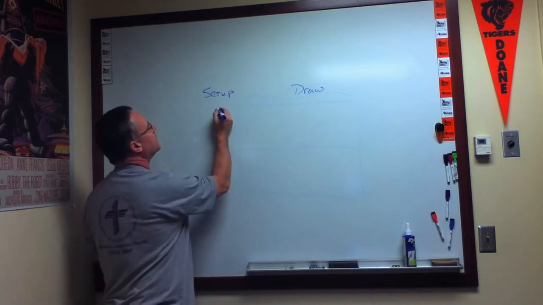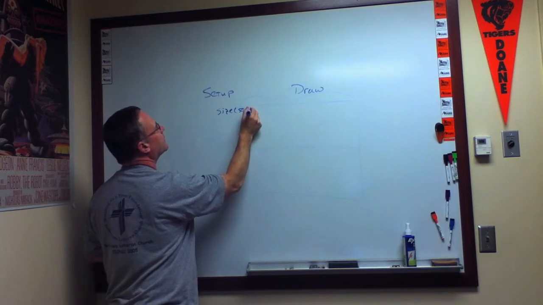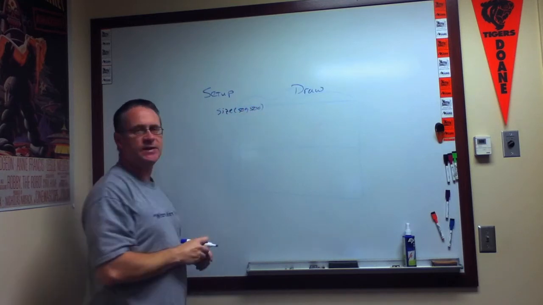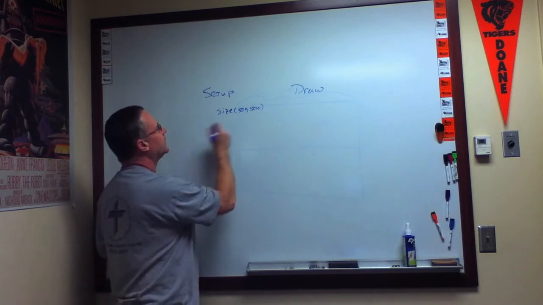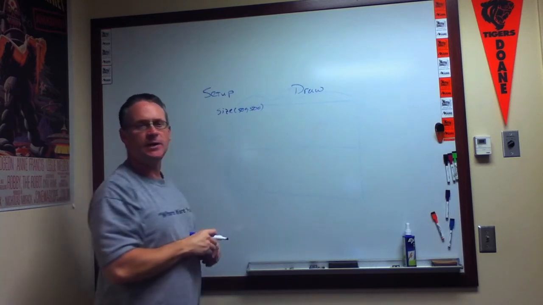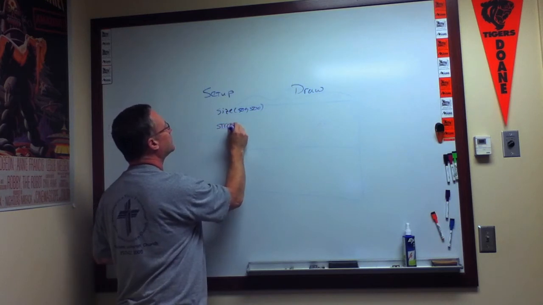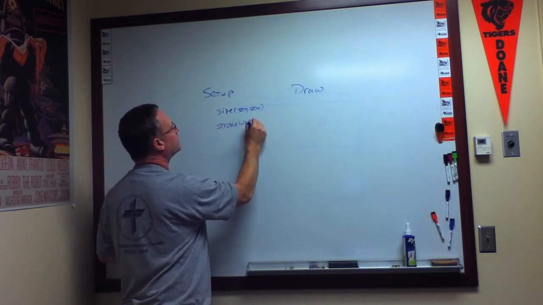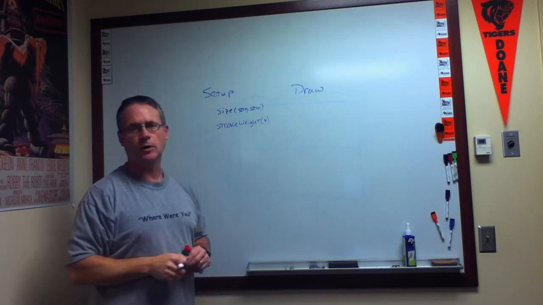Okay, so we'll set the size of the window to be our square shape like we want it to, and then so that the lines are kind of thick, we'll set the stroke weight to say 4.